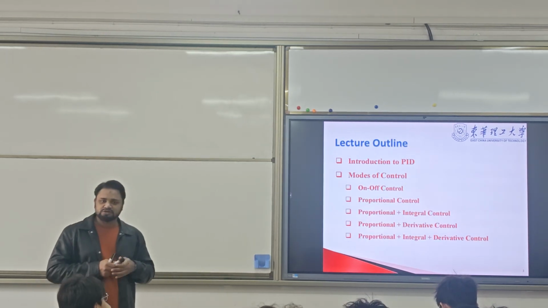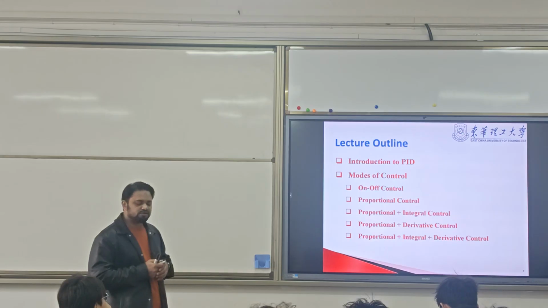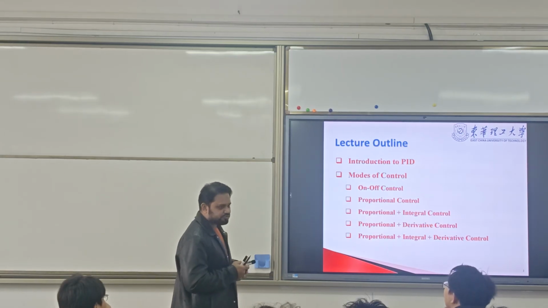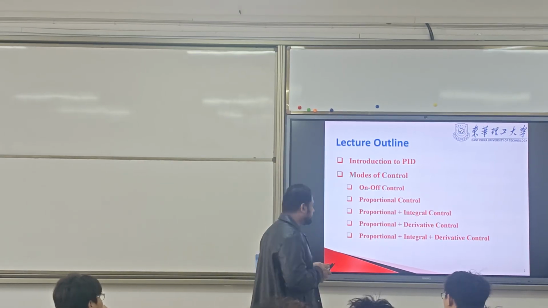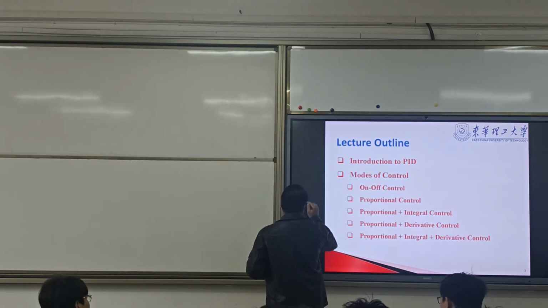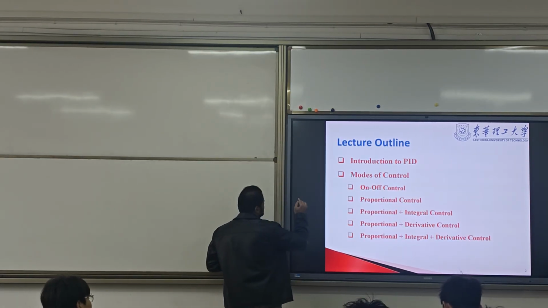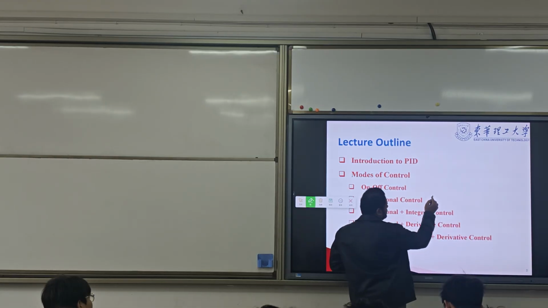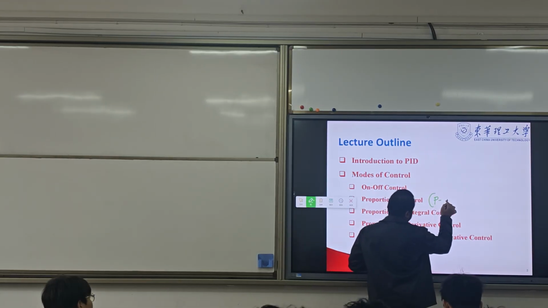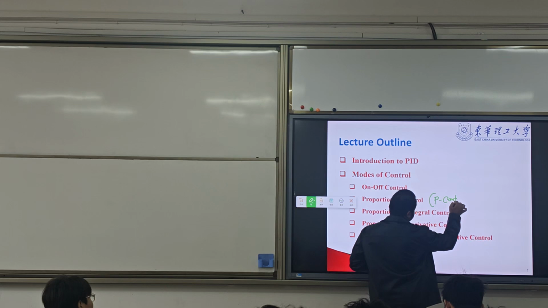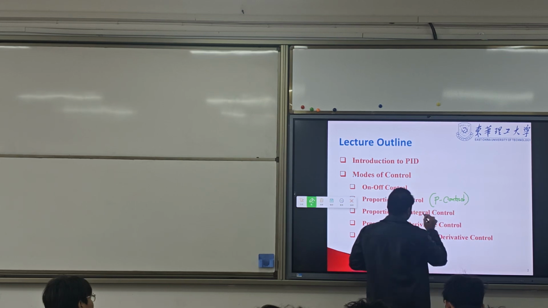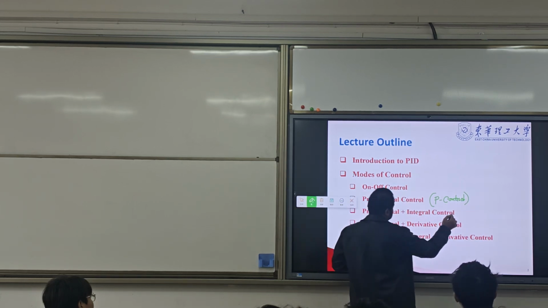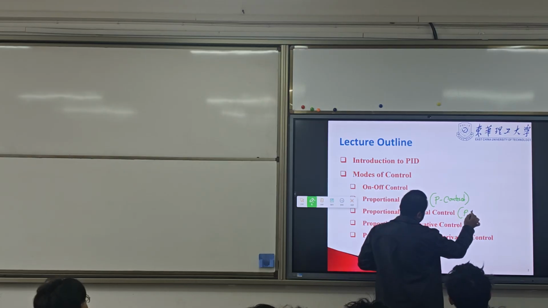Second, we will talk about proportional control, proportional integral control, proportional derivative control, and a combination of all these three, PID. This one we call P control. This one, proportional integral, is called PI.